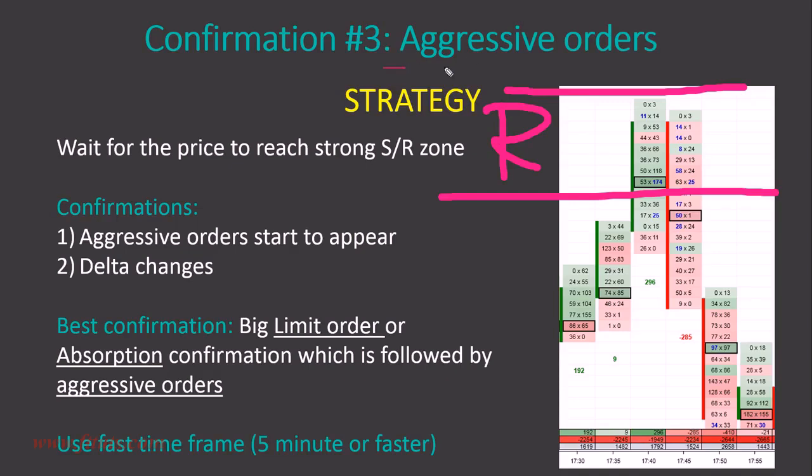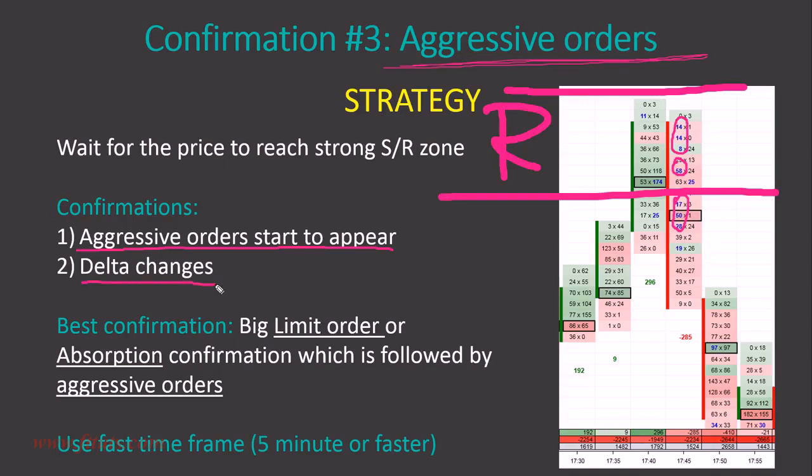You're looking for aggressive sellers. So the confirmation could be that aggressive orders start to appear. In here, those imbalances, those are aggressive selling orders. When they start to appear, it's time to go short.